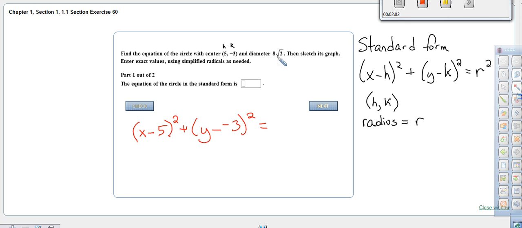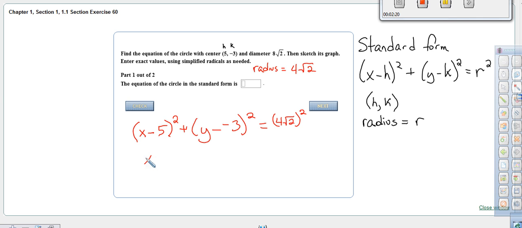Now our diameter is 8 square roots of 2. Our radius, which is half of our diameter, would be 4 square roots of 2. So that means I'm going to have 4 square roots of 2 quantity squared.